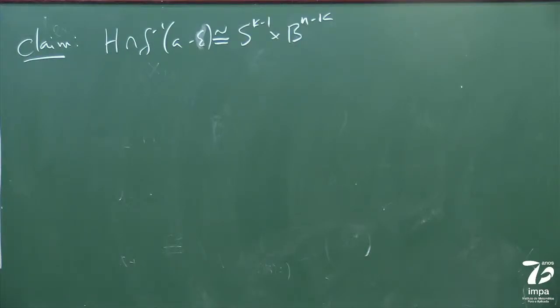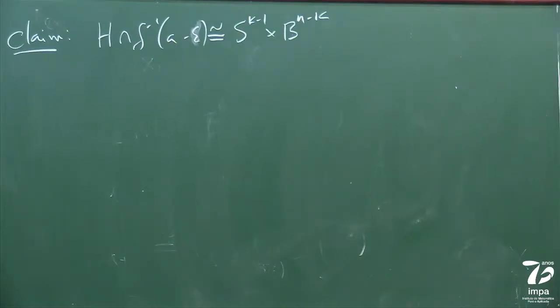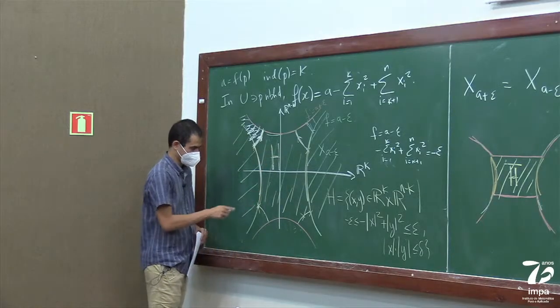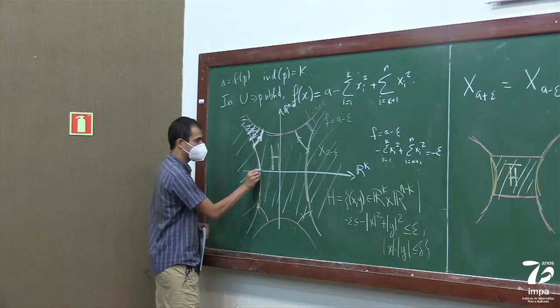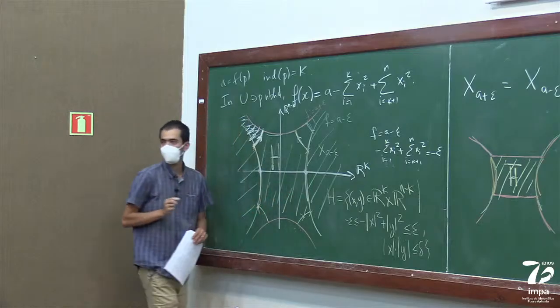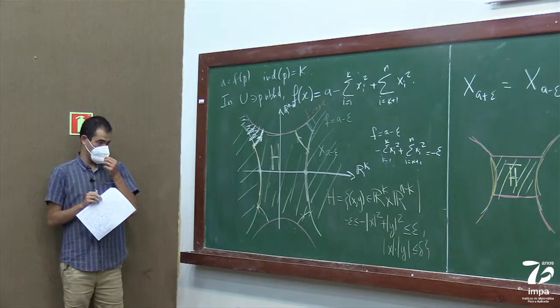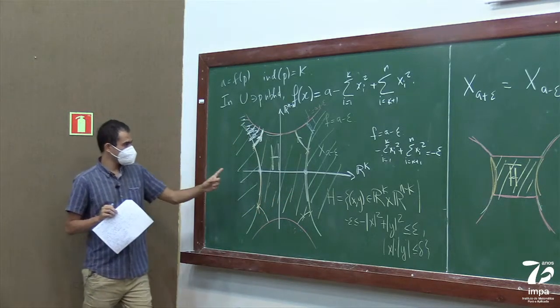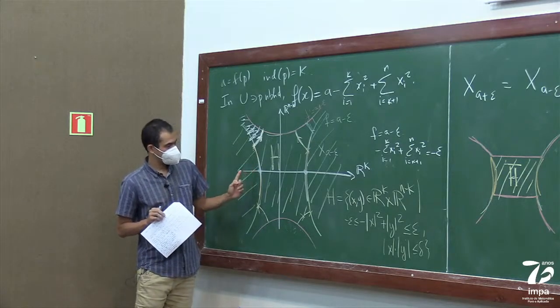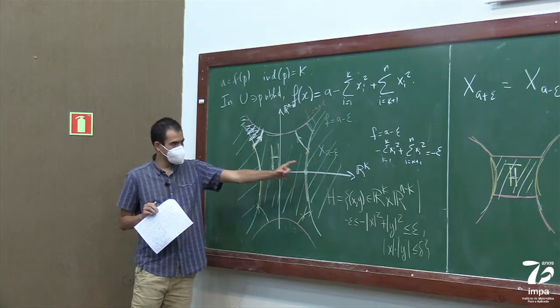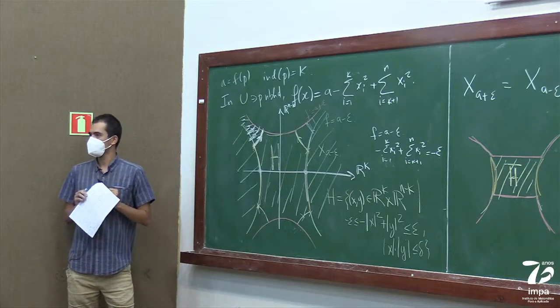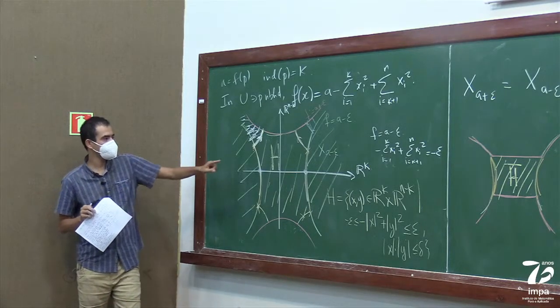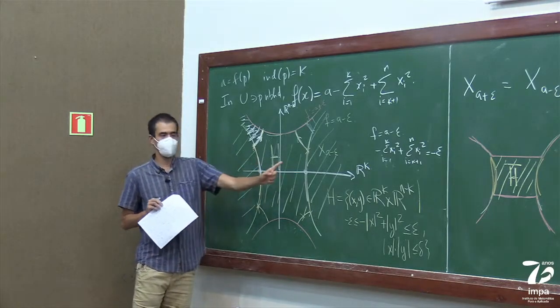So why should you believe that this is really a sphere times a ball? Well, look at this orange thing here. What are these 2 points here? This is really just the sphere in Rk, contained in Rk.